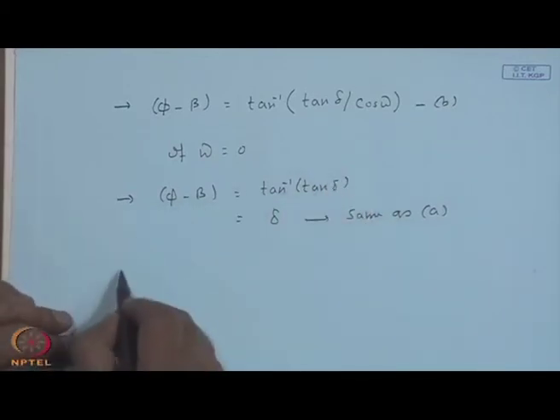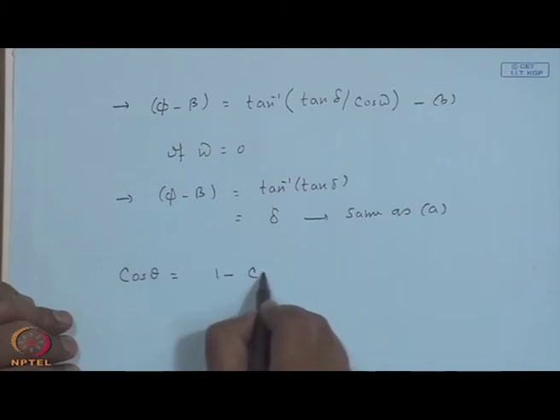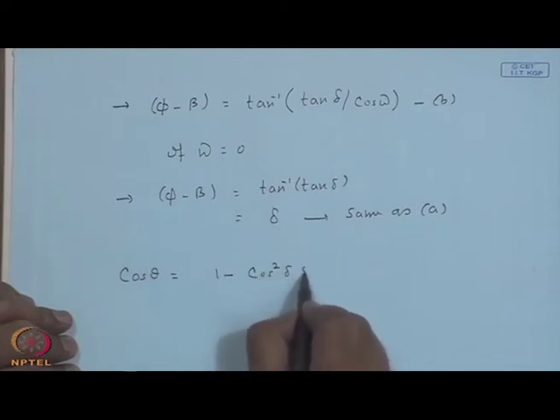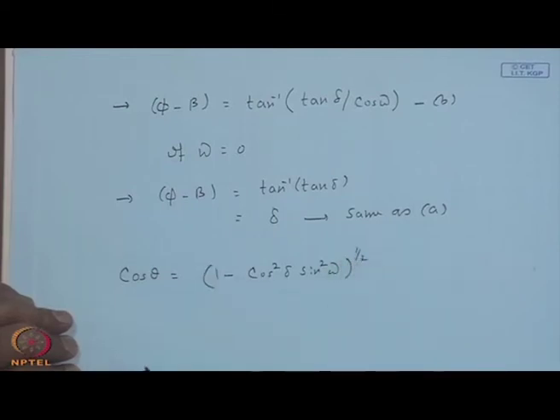So, if you substitute in that, now I will get my expression for cos theta as 1 minus cos squared delta sin squared omega whole to the power 1/2, right.